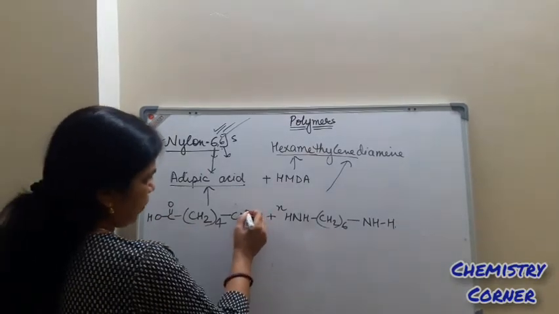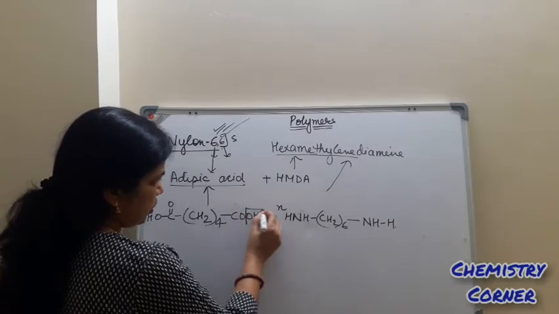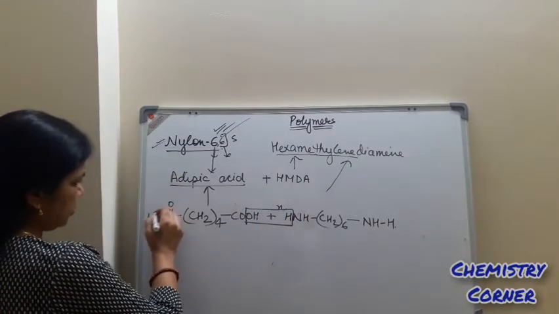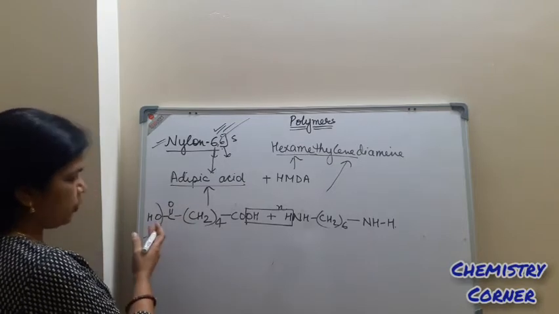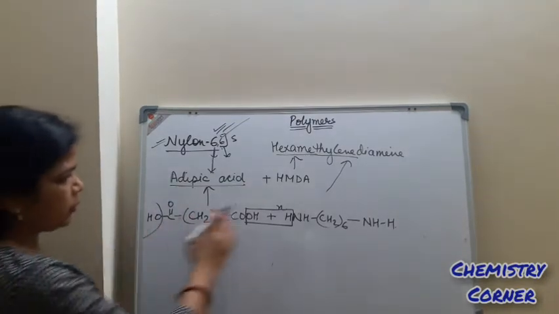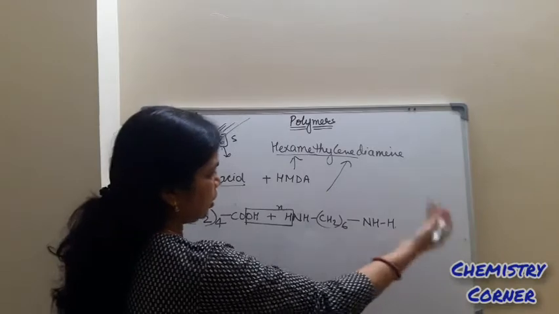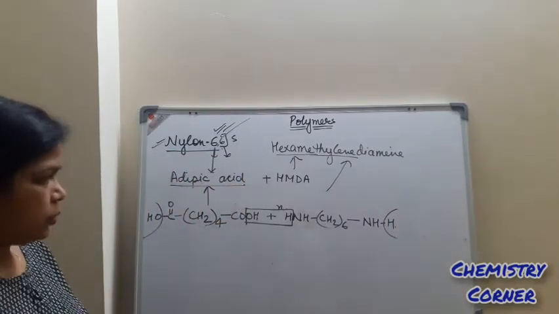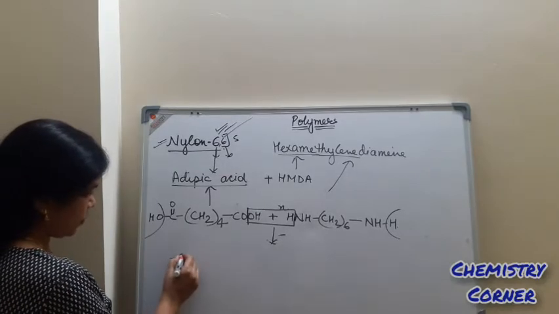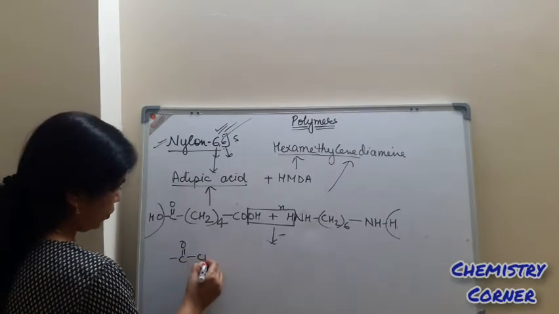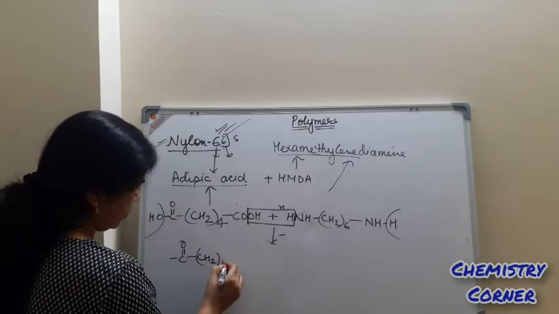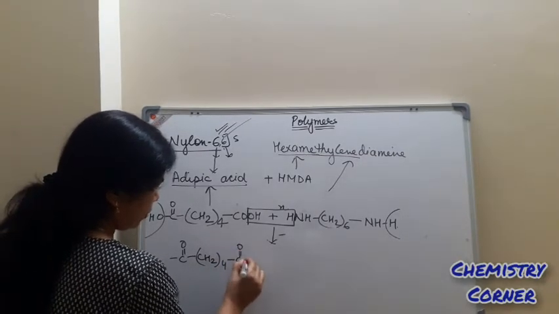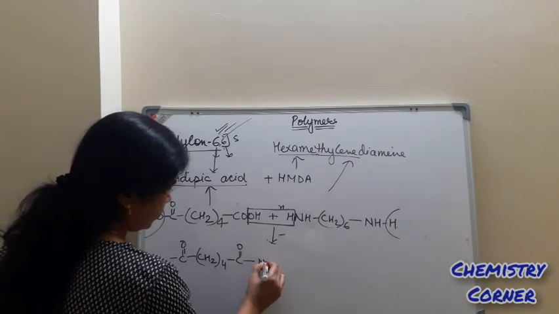So now this OH is going to take H from this side. So consider that this OH will be also participating with another unit of HMDA, and this will be participating with another unit of adipic acid. So the product will be, you may write CO in bond form.